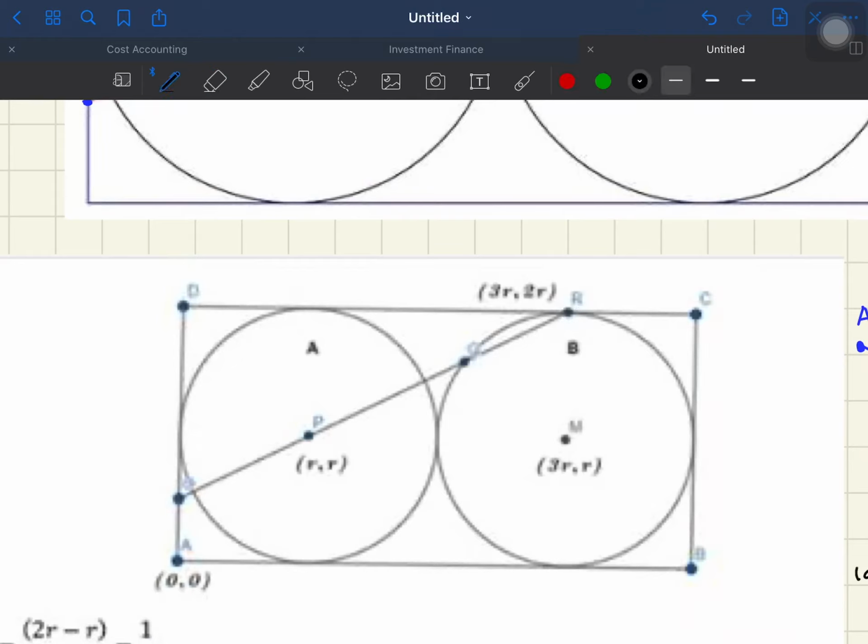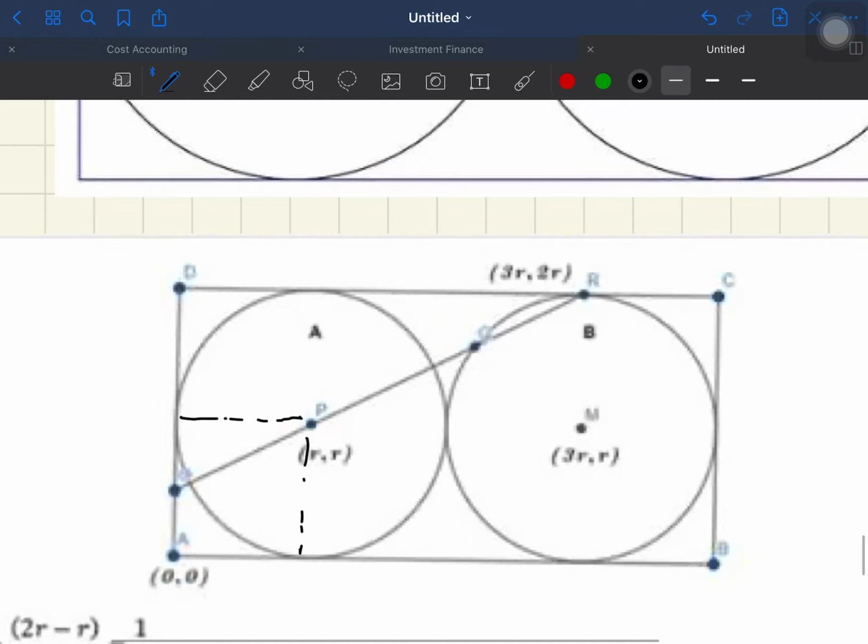Well, r is just this distance actually, or this vertical distance, because in this case the circle touches the horizontal and the vertical. The horizontal and vertical are actually tangential to that circle, depending on which side you want to refer to.